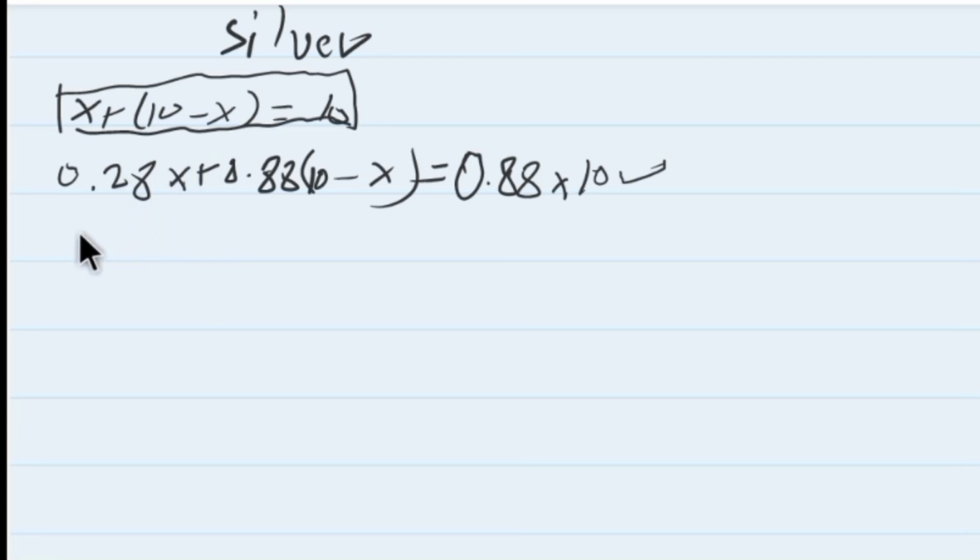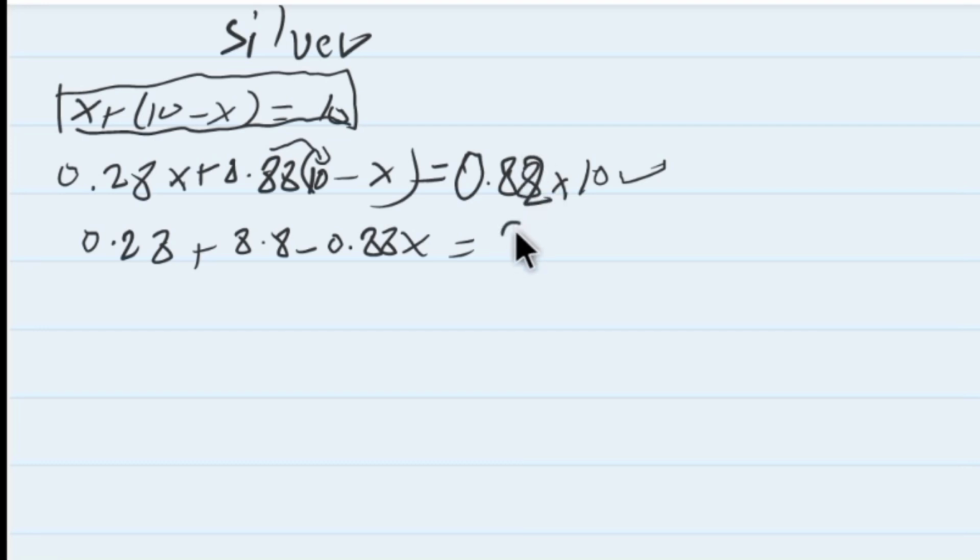So 0.88 times 10 would be equal to 8.8, and 0.28 times x would be equal to 0.28x, and 0.82 times 10 is equal to 8.2. Now we will isolate x on one side of the equation. We will simplify 0.28x minus 0.88x.